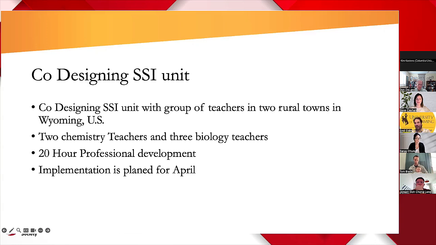That's it. The towns that I'm working with, one is roughly 6,500 people, and the other one is 10,000 people. That's the number of people who live in those towns. So two teachers from one town, two chemistry teachers, and three biology teachers. So luckily, I also have this variety in disciplines.